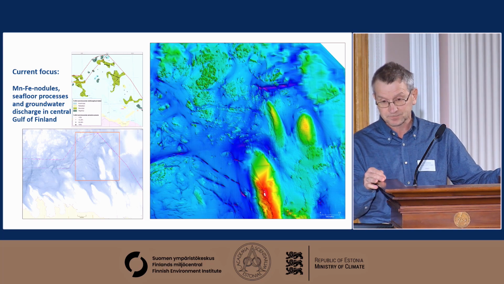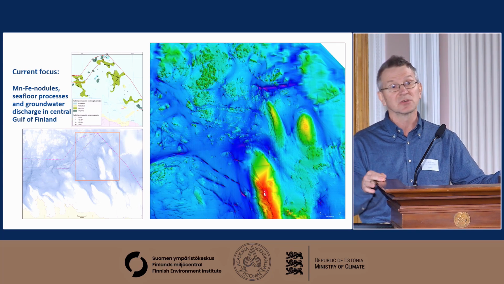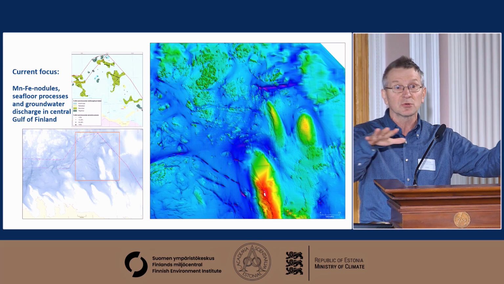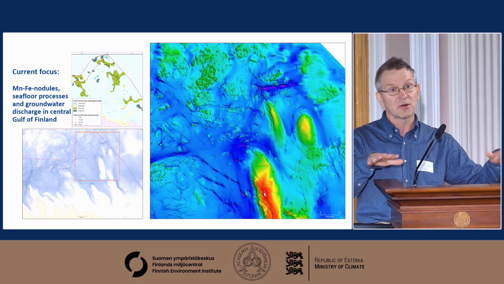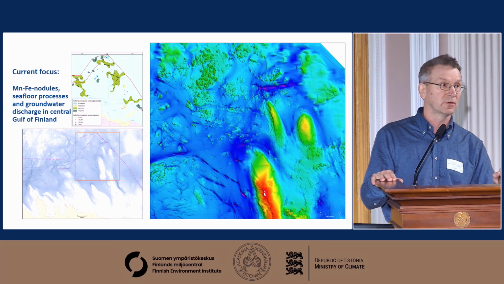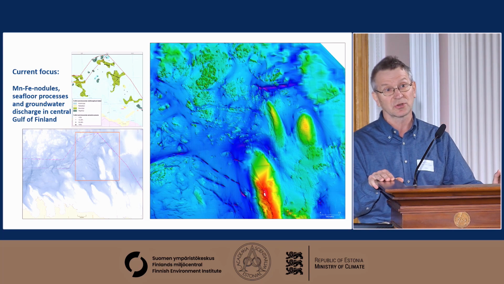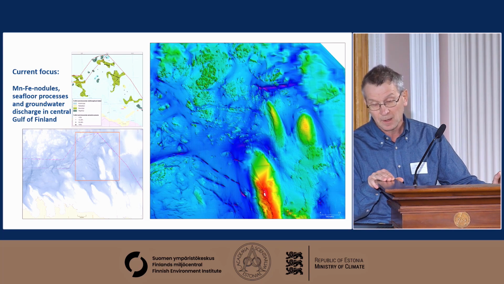On the left-hand side, we have this greenish map showing the distribution of these iron-manganese oxo-hydroxide precipitates that have been documented during previous mapping programs that the Estonian Geological Survey has been spearheading.